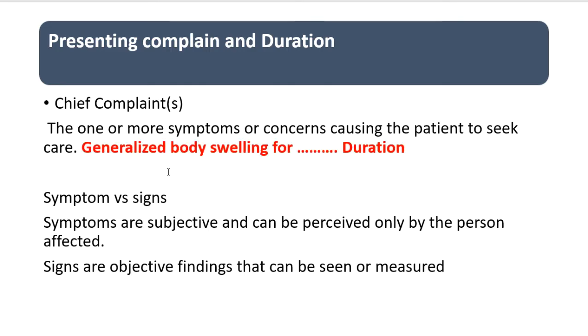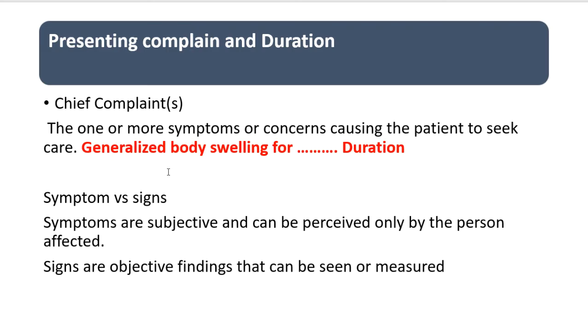For example, a patient is coming with generalized body swelling for some duration. It may be days, weeks, or months. Likewise, abdominal pain for 2 weeks, generalized body swelling for 2 weeks, chest pain for 30 minutes. You have to have a chief complaint.